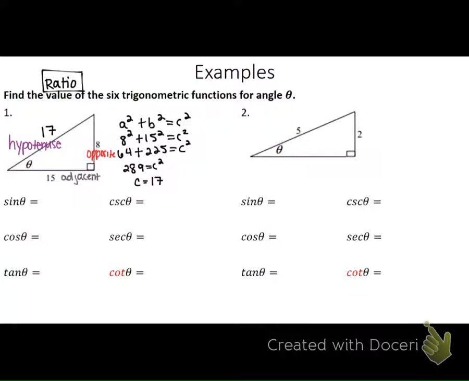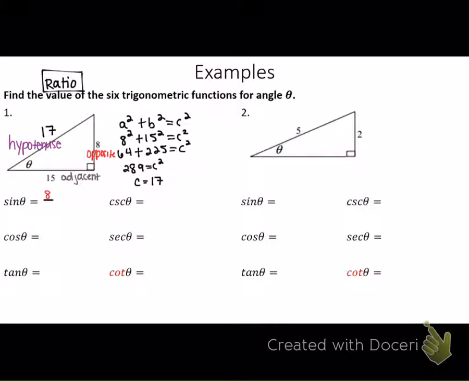So which one is the opposite here? Huh? No. Opposite of theta. 8 over hypotenuse, which is? You're right. So that's opposite over hypotenuse for the sine.